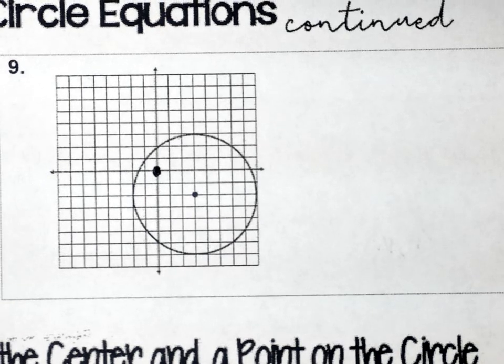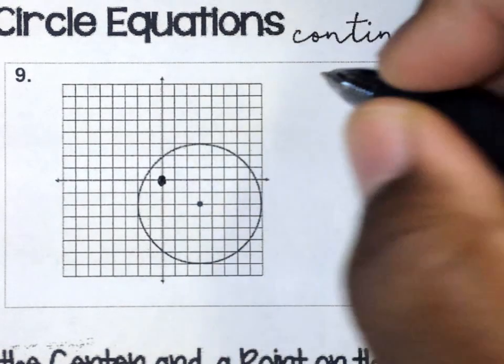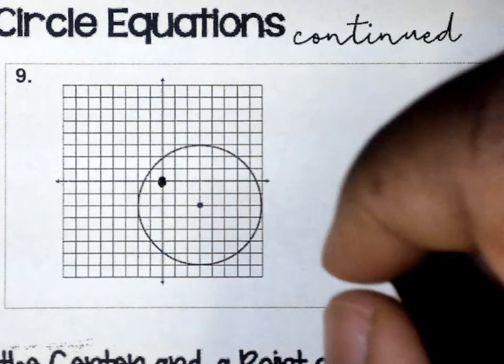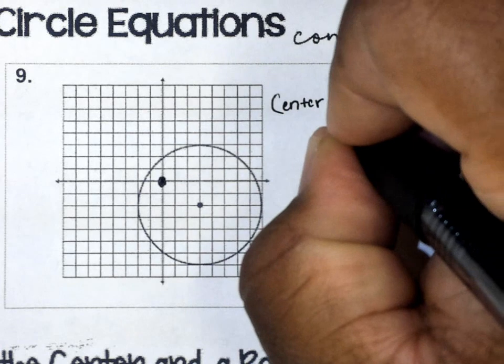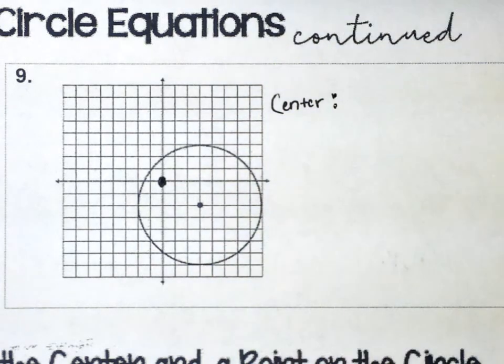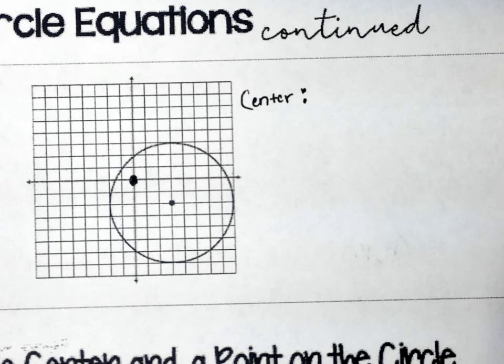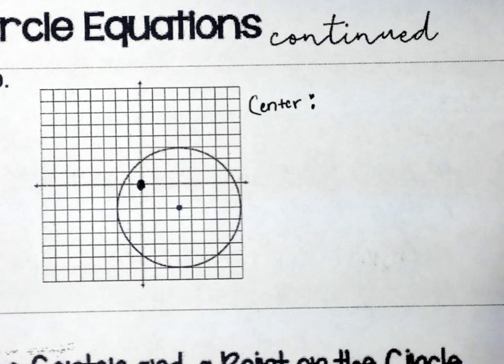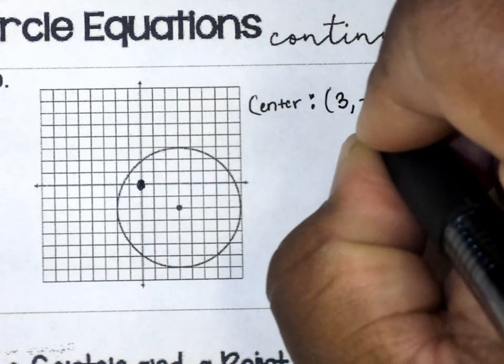Let's go with Armando. Armando, where's the center of the circle? I gave you a point of reference. It's 0, 0 right there. Say that one more time and try again. No. Yeah. Positive 3, negative 2.